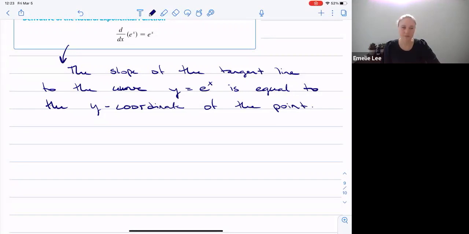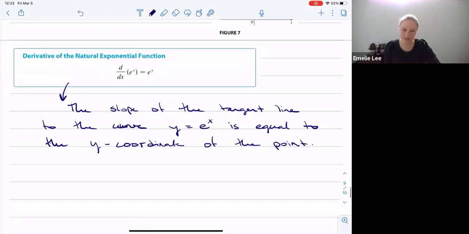Okay. So as long as you lock e to the x down, I know how to find the derivative of e to the x: it's just itself, right?